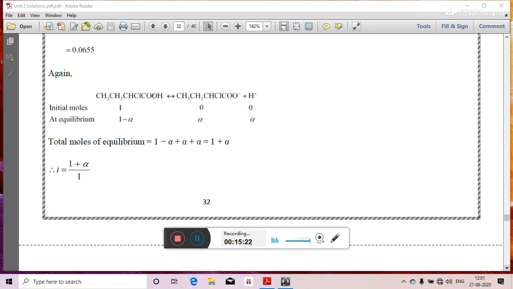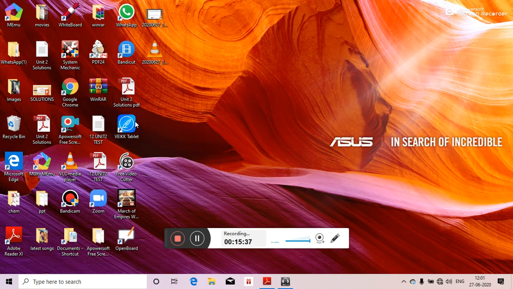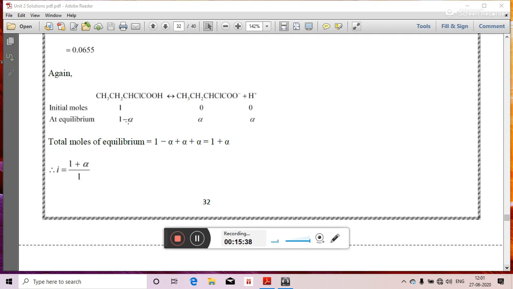Now taking the same equilibrium, the same equation, the initial moles of the reactant is 1 and of the products 0, 0. At equilibrium, out of 1, alpha is used up, so the moles of products formed will be alpha and alpha.